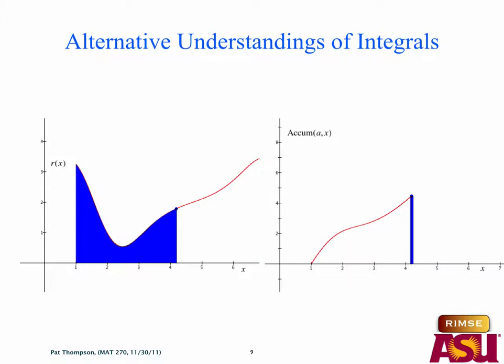That value is the area under this curve, because we got that value by adding up rates of change times little changes in x, which is exactly the areas of little rectangles over here. Okay?